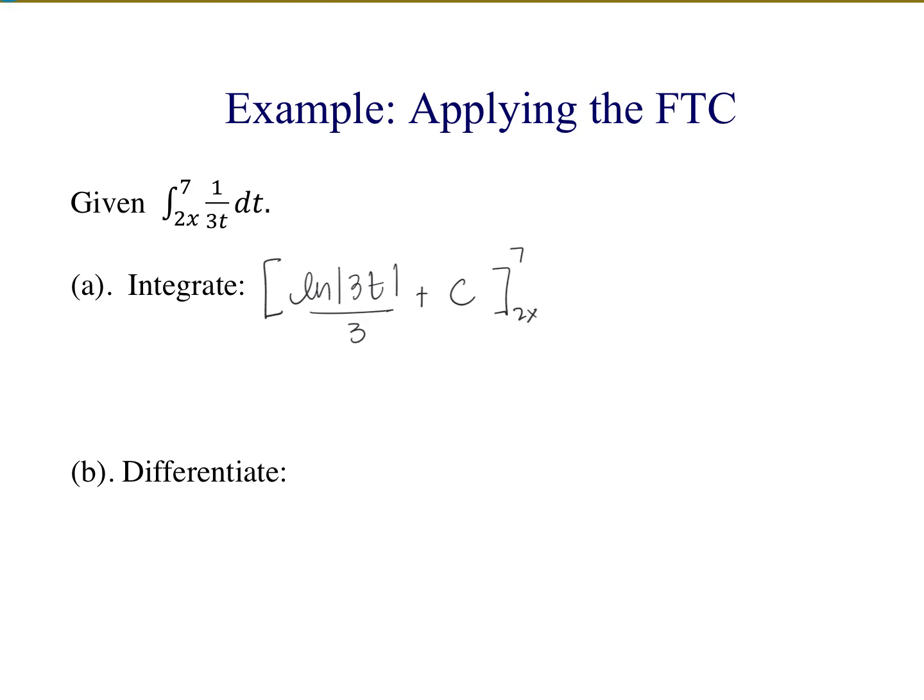See, so that is the actual integral using an antiderivative. So the answer on that's going to be the natural log of 21 over 3, which doesn't reduce, minus the natural log of 6x over 3, which also doesn't reduce.